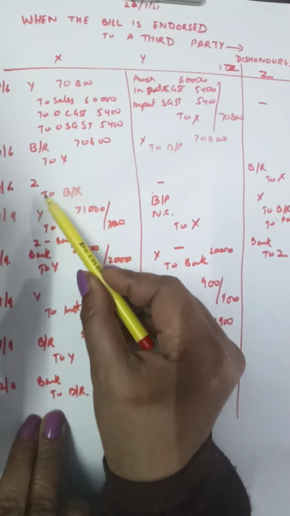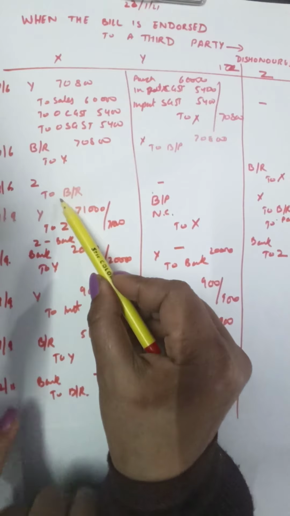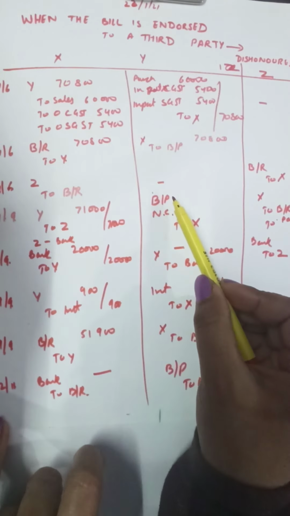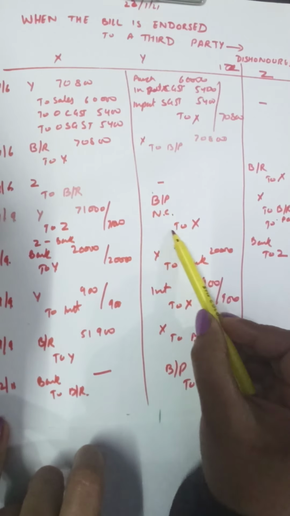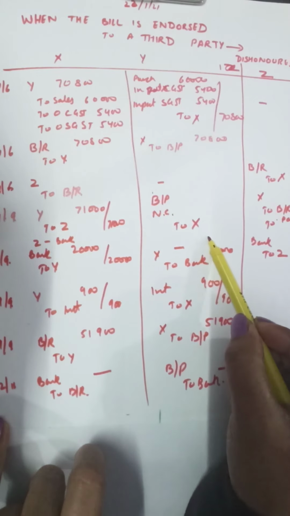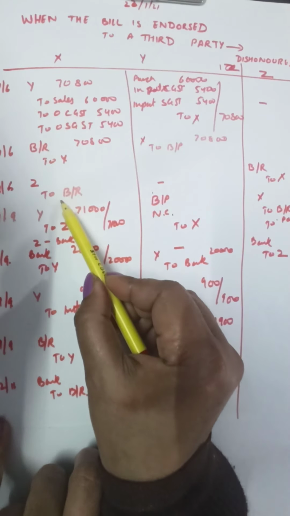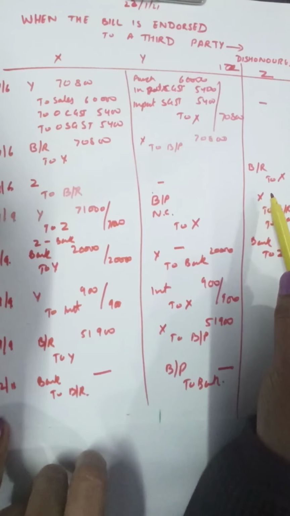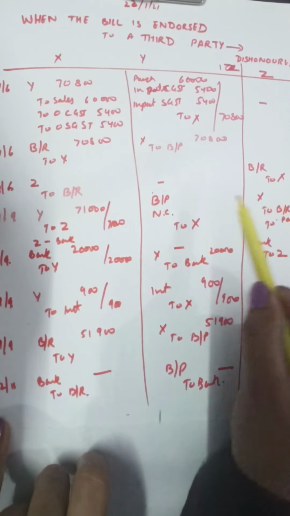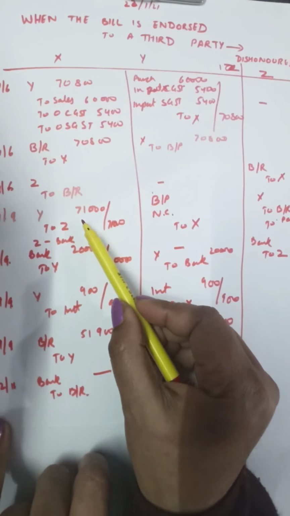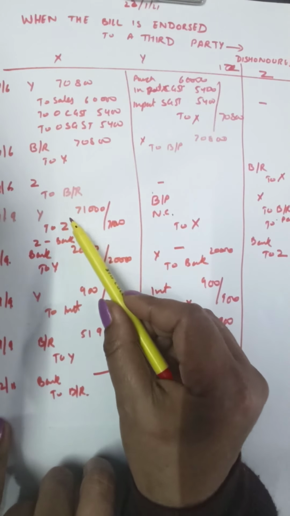We make the entry of dishonor. In the same way, the entry of dishonor in the books of drawee is always the same, and the entries in the books of drawer and the payee, the person who holds the bill, are as shown.